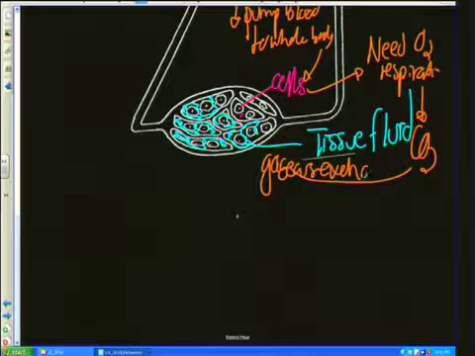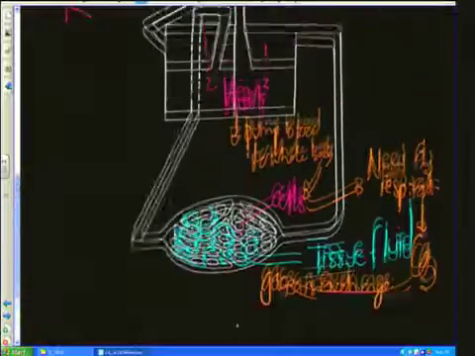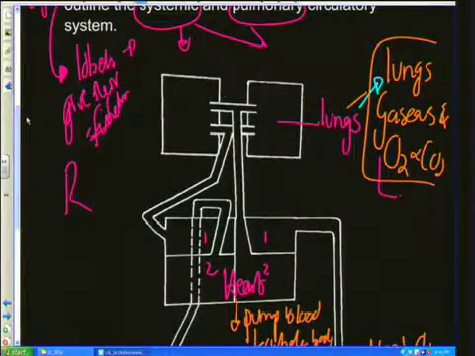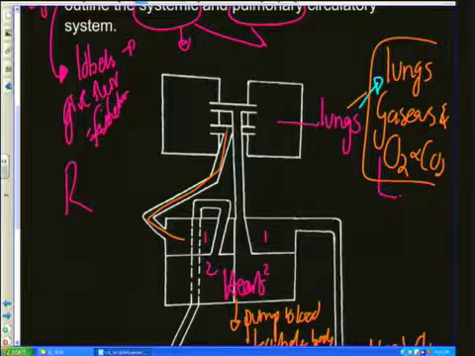Now I have a few blood vessels here. Remember I said to you, certain blood vessels go to the heart. So this is going away. Away, so it is an artery. And what blood is it taking?